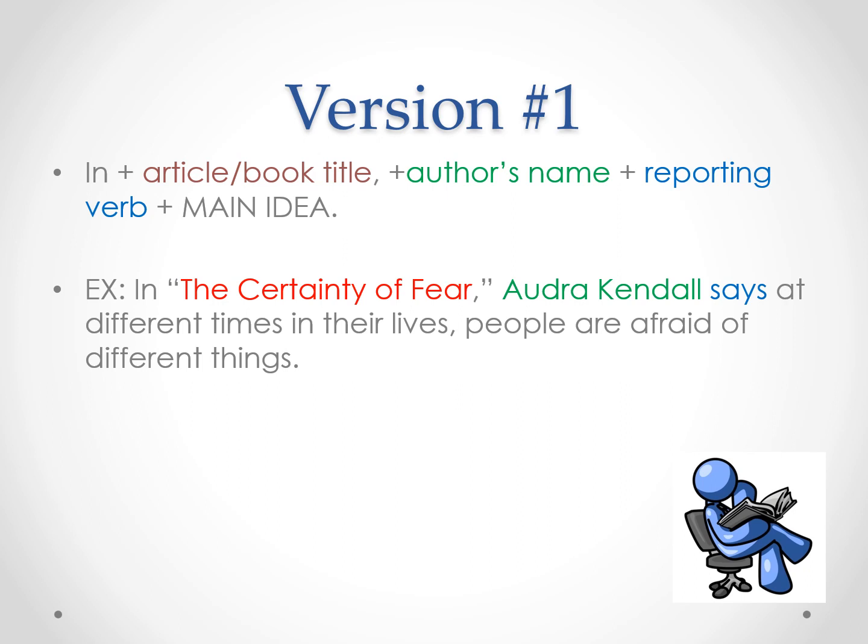So in this one, we start with in, and here's the title of the book or the article. In the Certainty of Fear, here's the author's name, Audra Kendall, and then here's a reporting verb. Notice the reporting verb is in the simple present tense, right? And then the main idea is the rest of the sentence, and that's put into our own words.